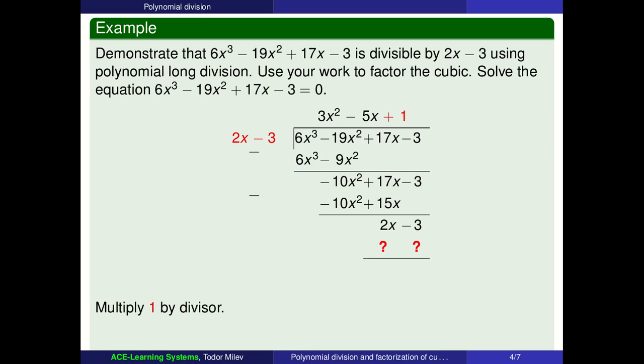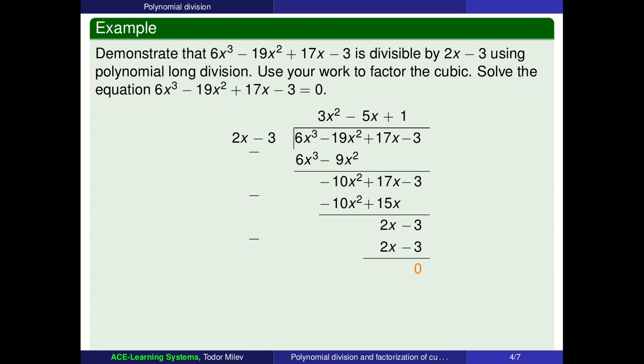Finally, we multiply 1 by 2x minus 3 to get 2x minus 3. We subtract the two polynomials to get 0. 0 is of degree smaller than the degree of the divisor, so our division algorithm terminates here.